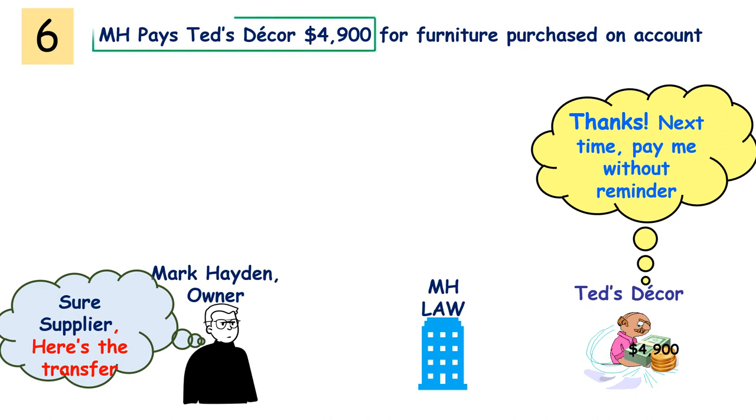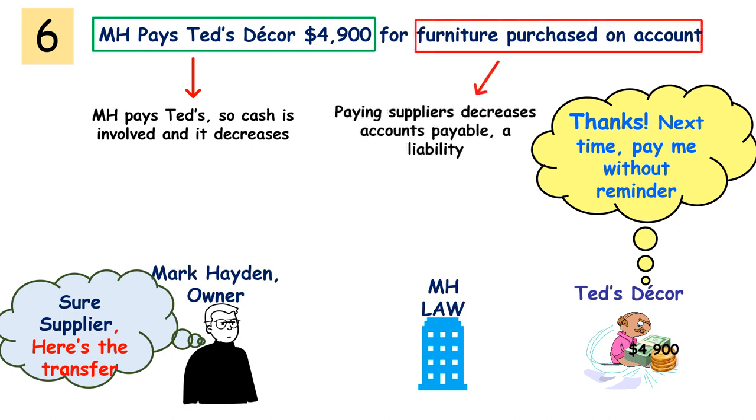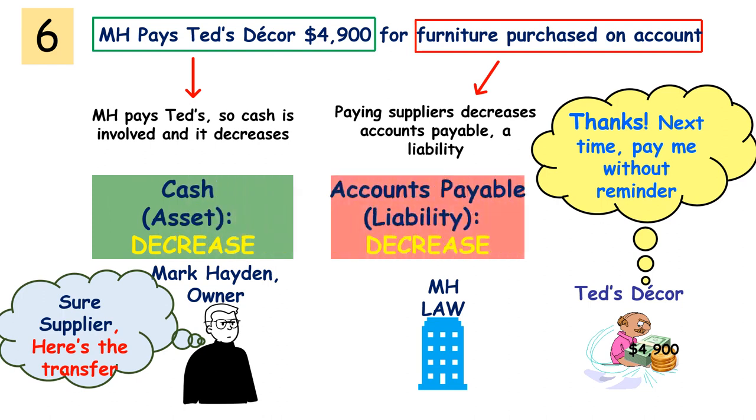You can read the statement on the top to analyze it like that. So we already know that cash and accounts payable are involved. Now cash will decrease because Image Law paid it, and the liability of accounts payable will also decrease because now Image Law has no more accounts to pay.